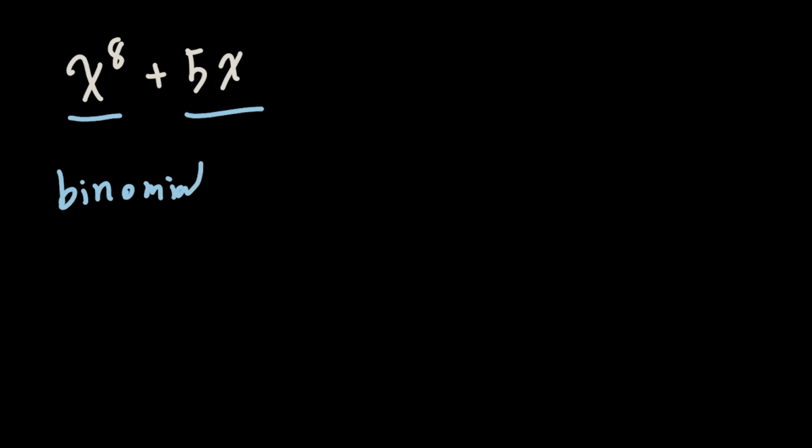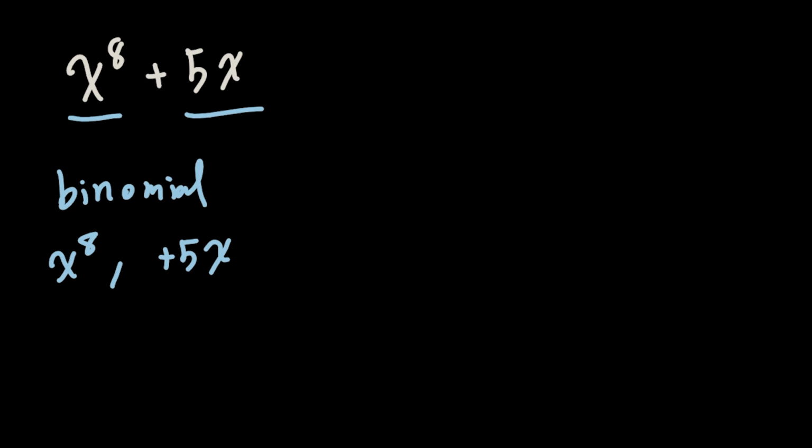So the next case, we have x to the power 8 plus 5x. Let's see. So we can notice here that we have 2 terms. So it's a binomial. And the terms are x to the power 8 and plus 5x.